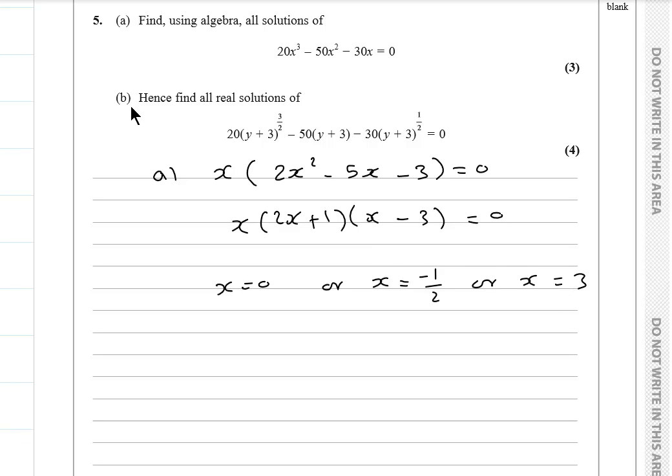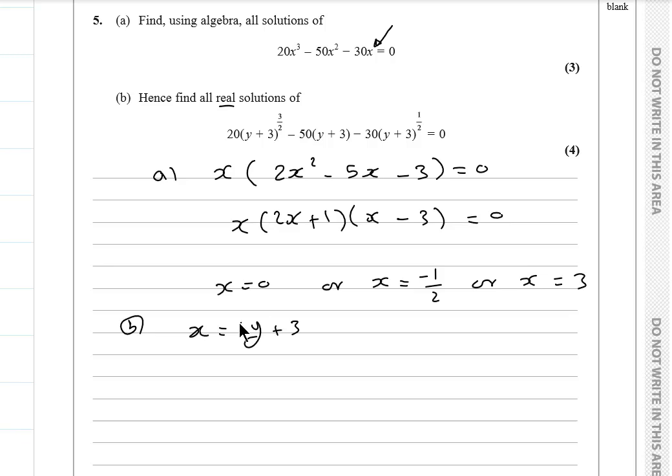Part B: hence, find all real solutions of the second equation. If we compare this equation and this equation, maybe the key is x. Look at x and minus 30x, and look at the last term here, minus 30 bracket y plus 3 all to the power half. So maybe x will be y plus 3 all to the power half.